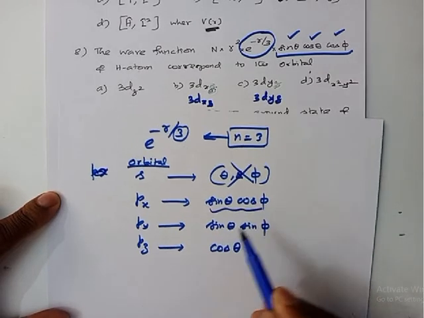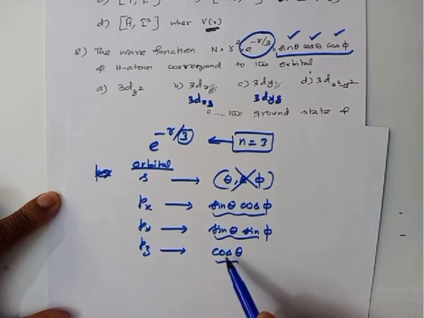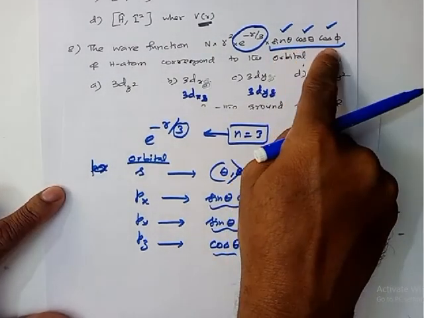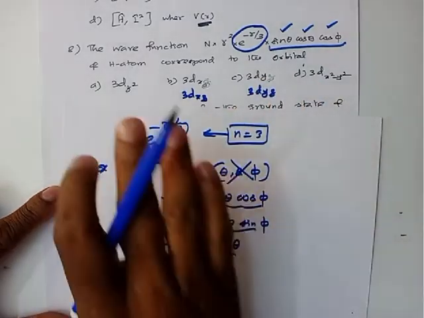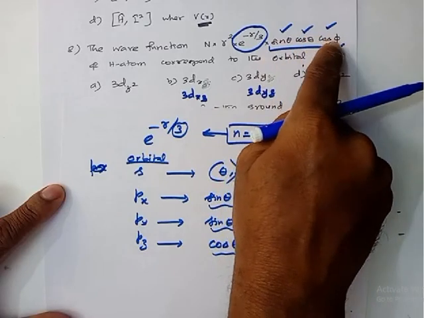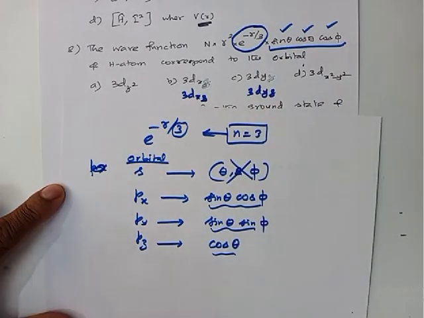If you have 2 angular functions and 1 cos theta function, they are p orbitals. But I have 3 functions, so it cannot be a p orbital. It should be d, because whenever 3 angular functions exist, it corresponds to a d orbital.